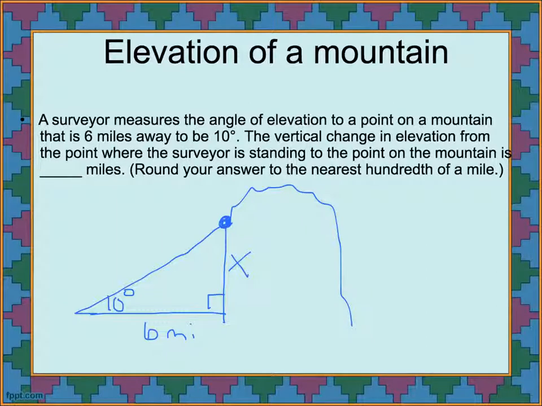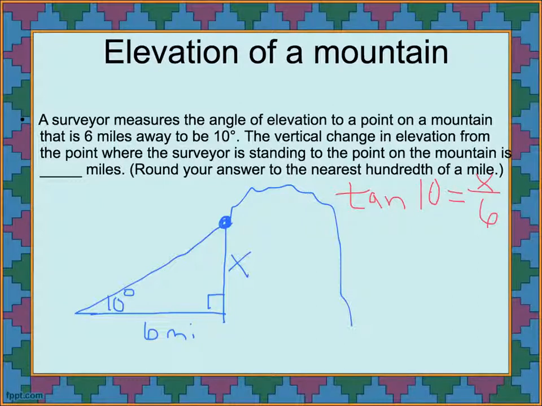Let's go ahead and set up my problem. So I need to use the trig function that involves the opposite and the adjacent. So again, in this case, it would be tangent. So tangent 10 equals x divided by 6.